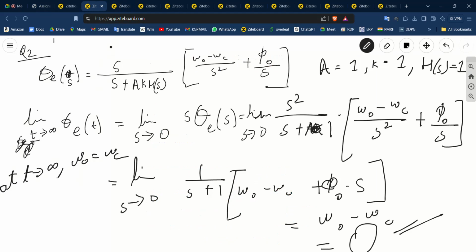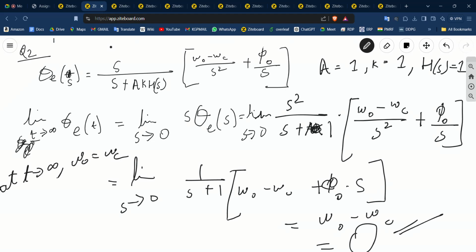The steady state error being 0 means that the PLL at time t equal to infinity, so that is after a very long time, won't have any error. So it will perfectly track whatever the phase it wanted to track if you allow it to run for t equal to infinity.